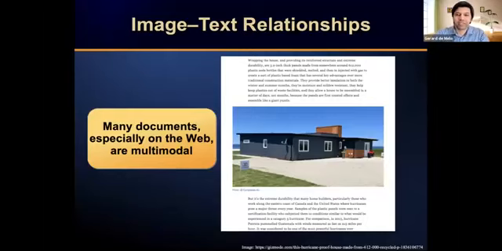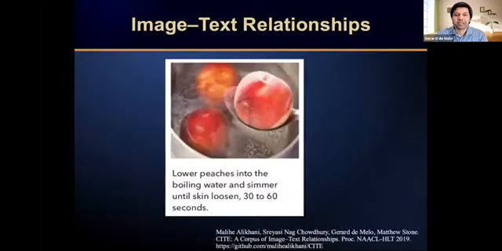And so given that images are an essential part of most web pages, most modern documents, even our research papers always have images in them, it's quite important to understand what is the relationship between a particular image and the text.